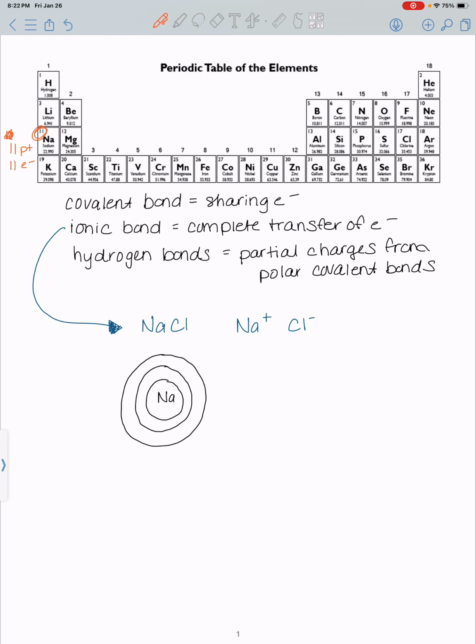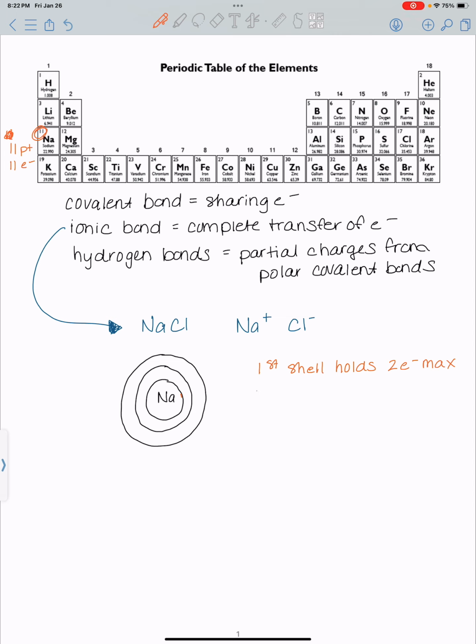If you remember, the first rule says the first energy shell can hold a max of 2 electrons.